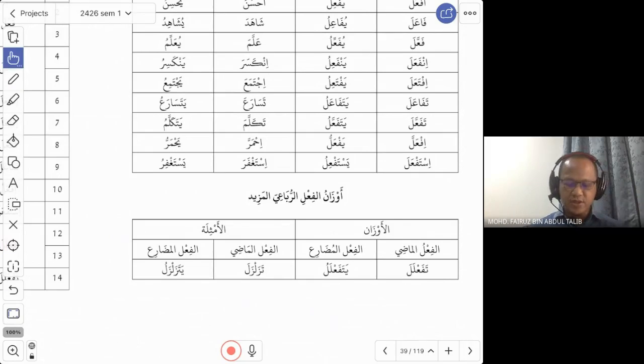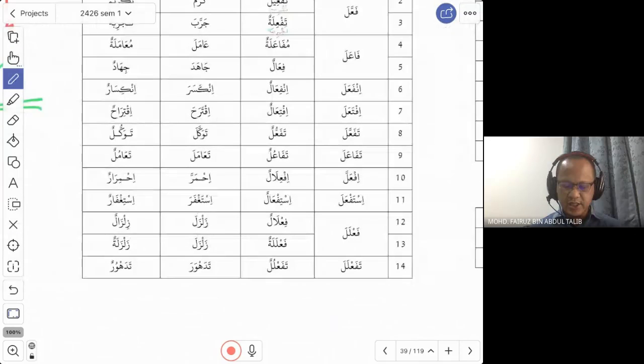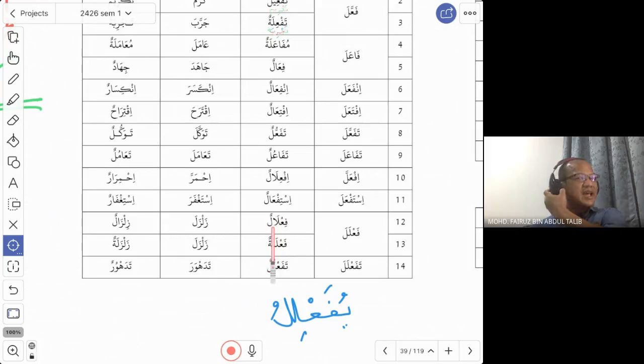You don't have it here. Fa'lala yufa'lilu. This is the masdar fi'lal, or fa'lala. So these are the two masdar for the fi'il fa'lala yufa'lilu.